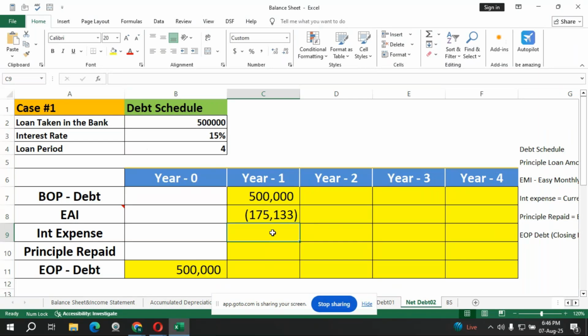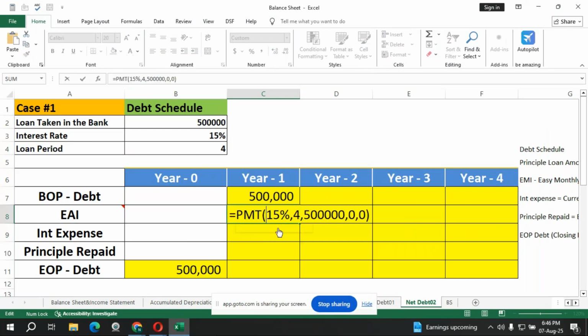So how do you calculate your interest expense? Before calculating the interest amount, for EAI, EMI, we have the same step to calculate. Now you have to arrive at the principal repaid, as you did for the debt amortization schedule. Principal repaid is nothing but your EMI minus your interest. If one is minus and the other is plus, it will go in a wrong way.